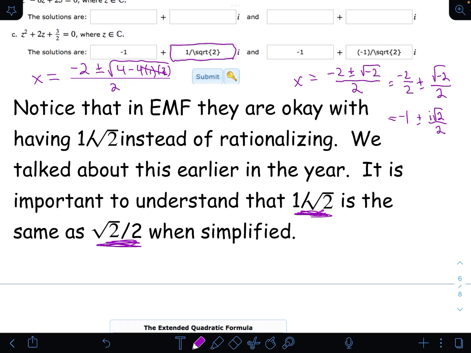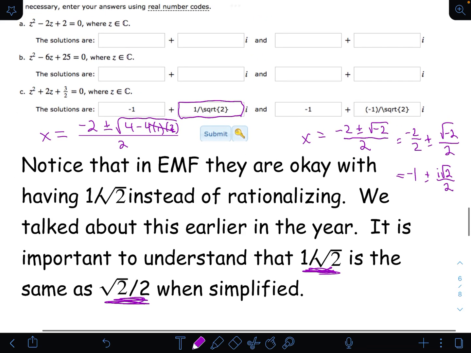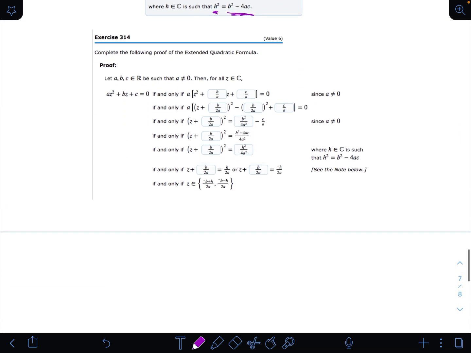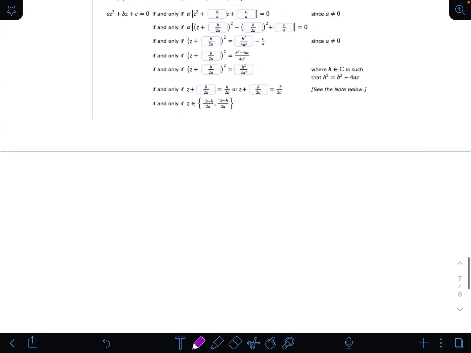It's just that one's simplified. It's fine if you solve this by completing the square and leave it as 1 over root 2. It shouldn't penalize you for rationalizing your denominator, but that's where you have those answers in there.